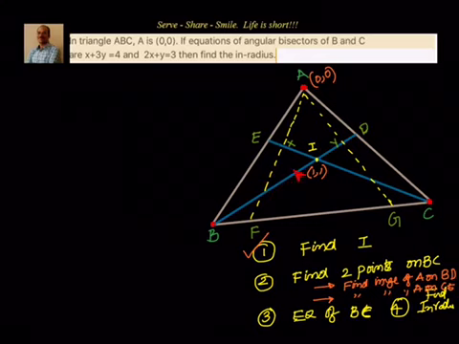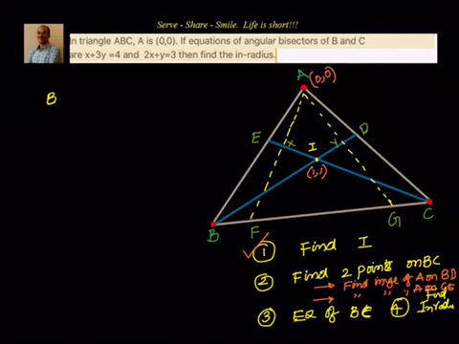Always the mirror BD will be perpendicular to AG. So first we get the equation of AG, then we solve BD and AG, and we get the point Y. We know Y is the midpoint of A and G because it's an image. Image means they are at equal distance from Y: AY equal to YG. So we will find the coordinates of G. Same thing we will do with the other angular bisector CE also. So let's go ahead and do that.